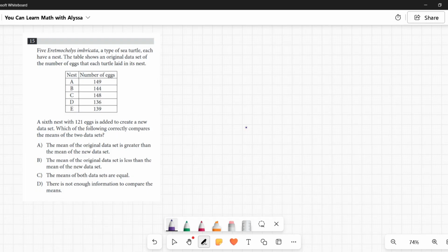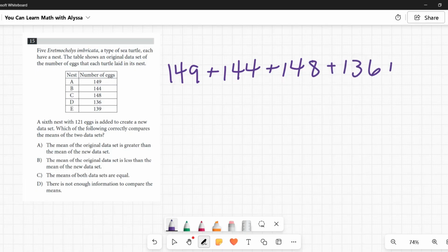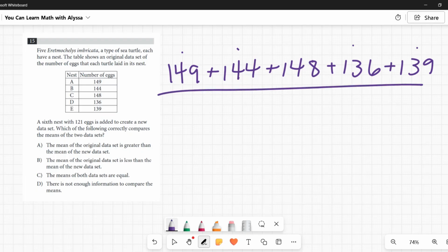So first, you would add 149 plus 144 plus 148 plus 136 plus 139. And since there are 5 data points, I would divide that by 5.